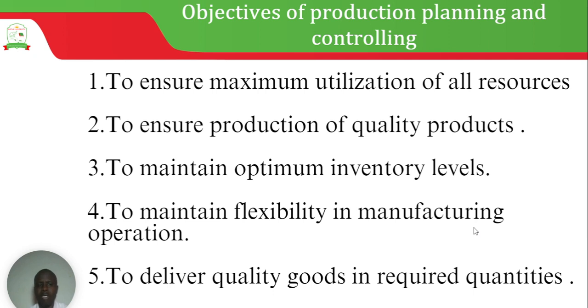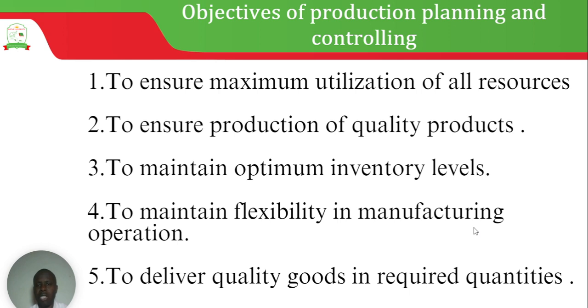And also another objective of production planning is to ensure the production of quality products, and also to be able to maintain optimum levels of inventory. When we talk about the word optimum, we mean maximum levels of inventory. It is very, very important. Inventory also in terms of raw materials, so that we don't suffer what we call stockouts because of failure to plan. And the other one is to be able to maintain flexibility in manufacturing operations.